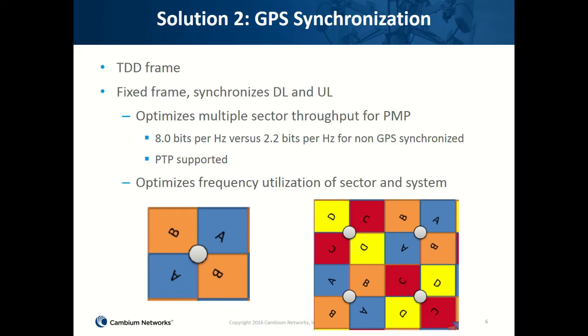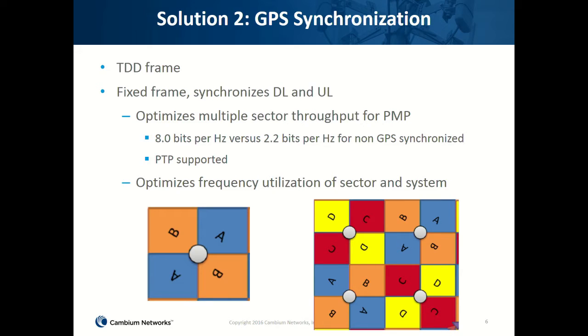And it's only 20 megahertz a channel for A, 20 megahertz a channel for B, and a 5 megahertz guard band. And then if you have multiple towers, like we talked about here, sites, you can frequency plan with AB, CD, CD, and optimize how you use your frequencies within an ePMP system.